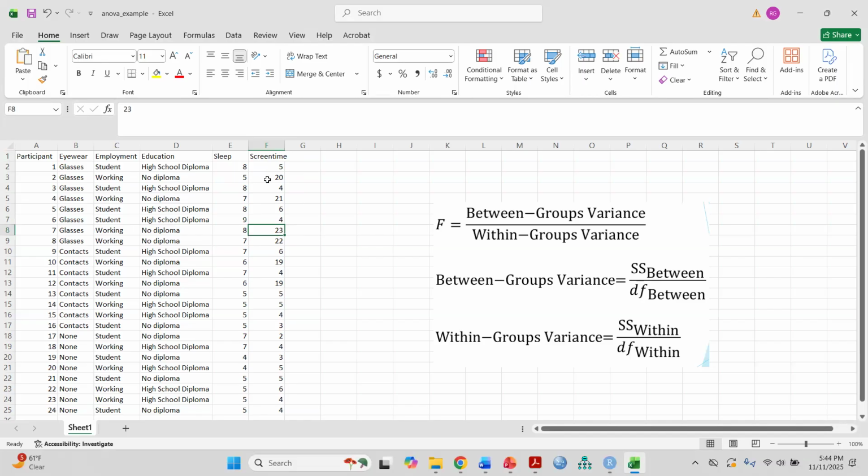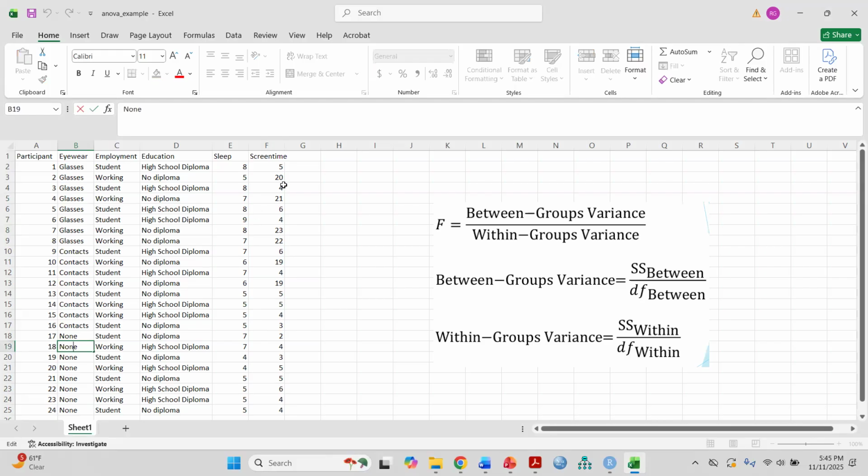And what you are looking for in a one-way ANOVA is differences in group means on screen time between basically three or more groups. And we conveniently have in eyewear three different groups: people who wear glasses, people who wear contacts, and people who wear neither.